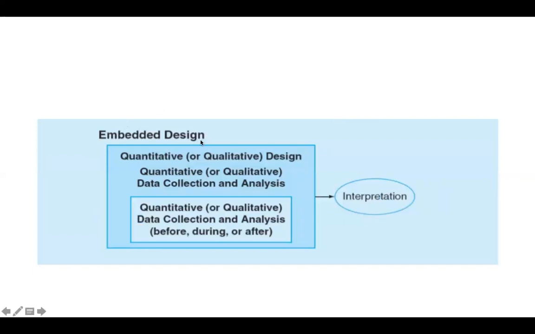Embedded design can have either a qualitative or quantitative design, and then within that, another design is embedded. It is either before, during, or after that study. And then we interpret our results together. So for example, in one of our studies, we were doing a cluster randomized control trial to look at the effect of a behavior intervention on postpartum weight loss.